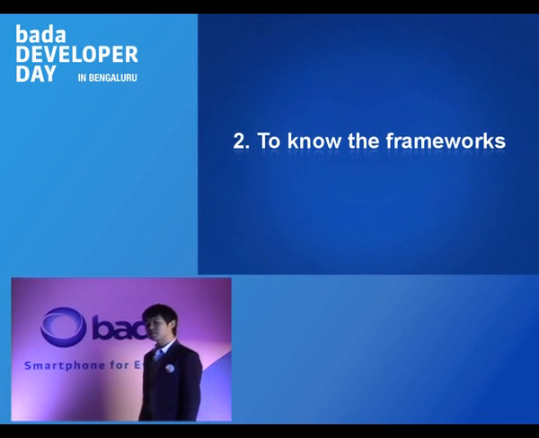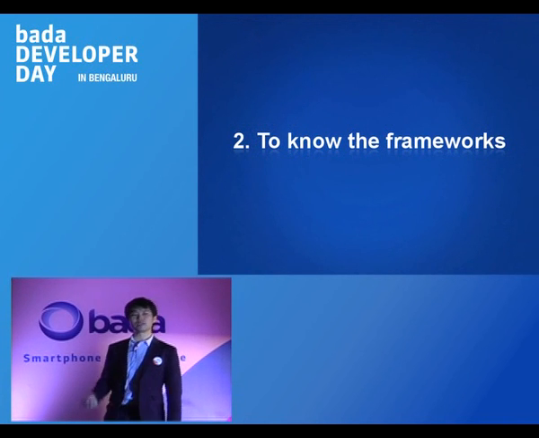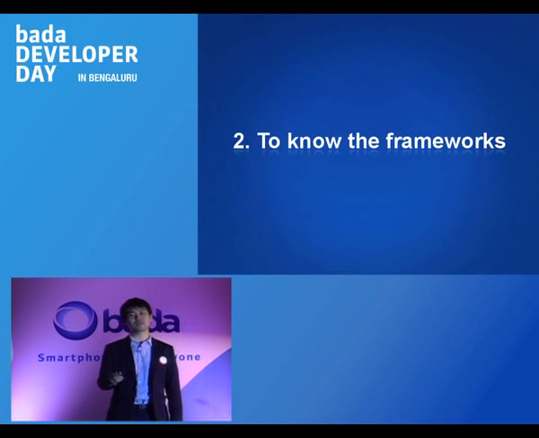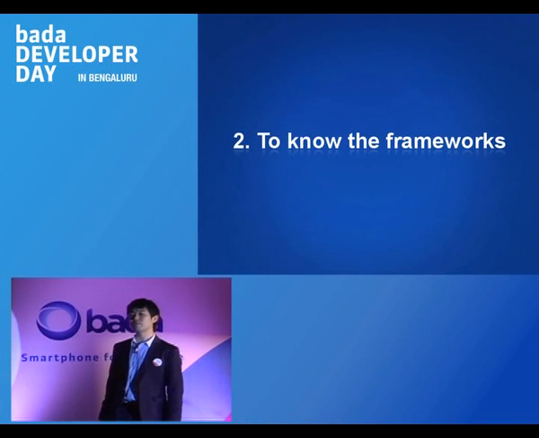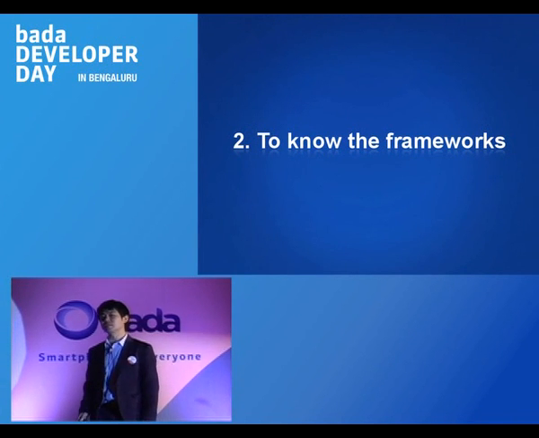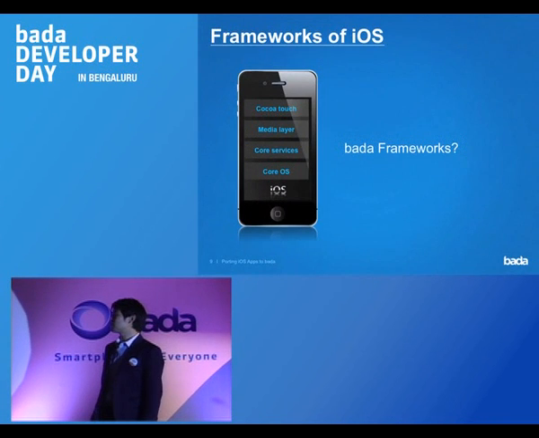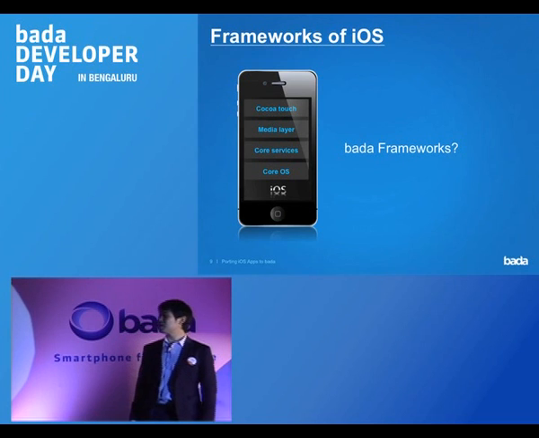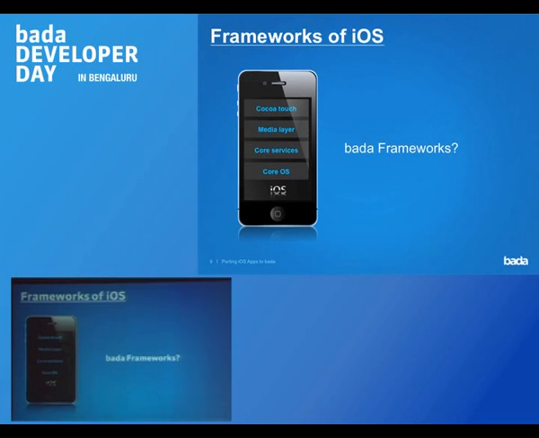So know the frameworks. If you are an iOS developer looking at the bada platform for the first time, I think this is a helpful session. The framework is a bit different. iOS has 4 frameworks: Core OS, Core Services, Media Layer, and Cocoa Touch.